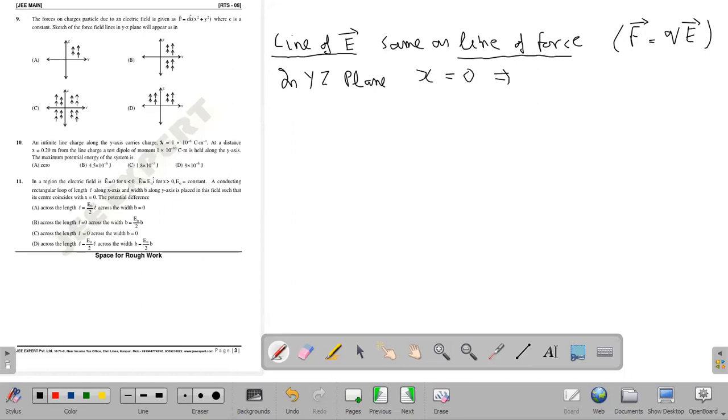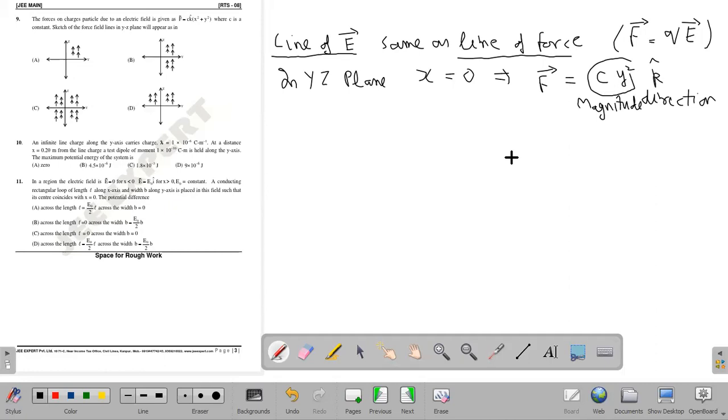Therefore the given force can be written as constant into y square times k cap. This k cap is the direction of the force, and constant into y square is the magnitude of the force, which means the magnitude of the force is a function of the y coordinate.